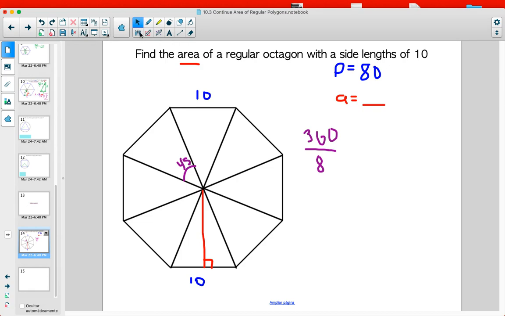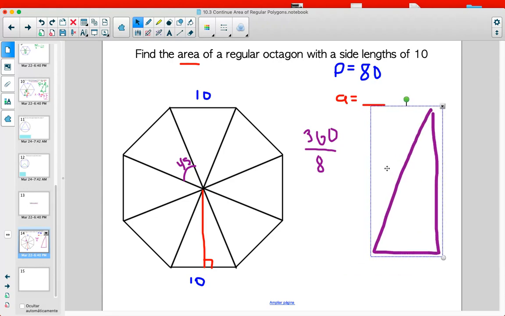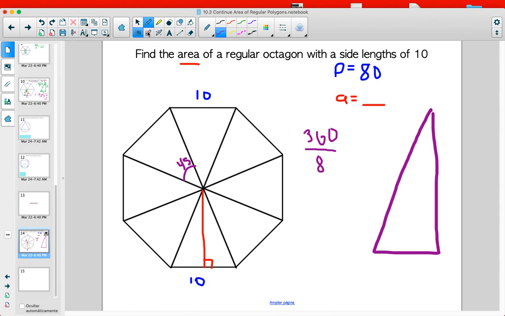So I'm going to go ahead and do the following. I'm going to trace this triangle on the left and make it larger, just so that we can write inside the triangle. Stay with me. We're almost done. Don't leave yet. Okay. So we know the following. We know that half of 10 is 5.